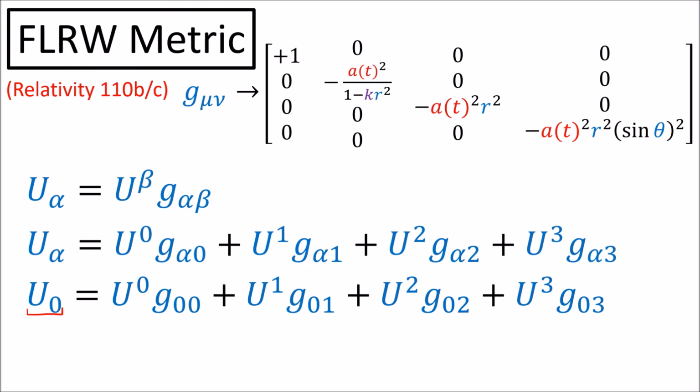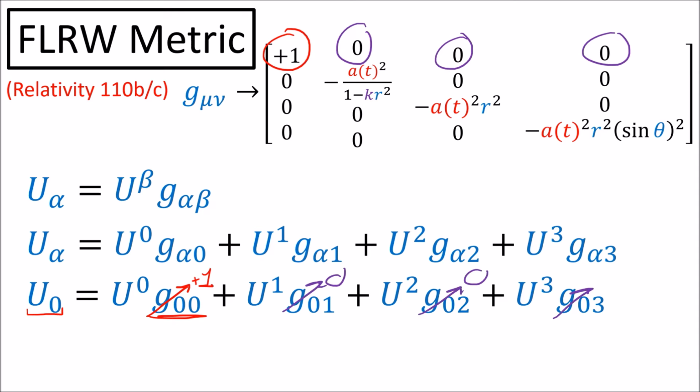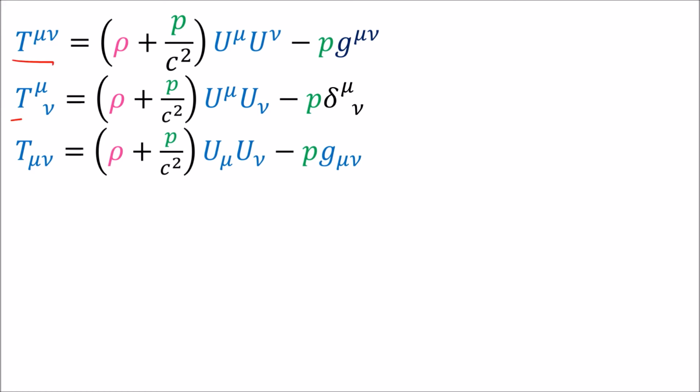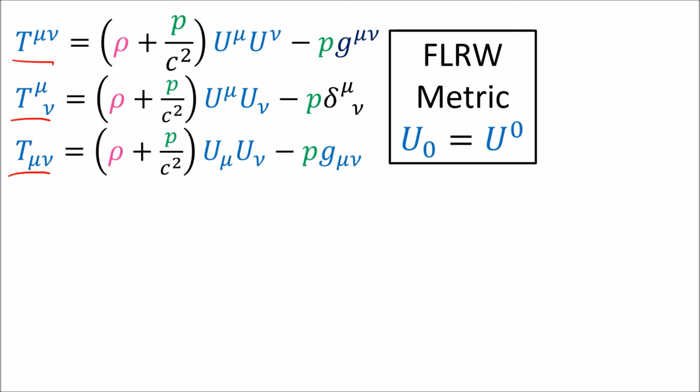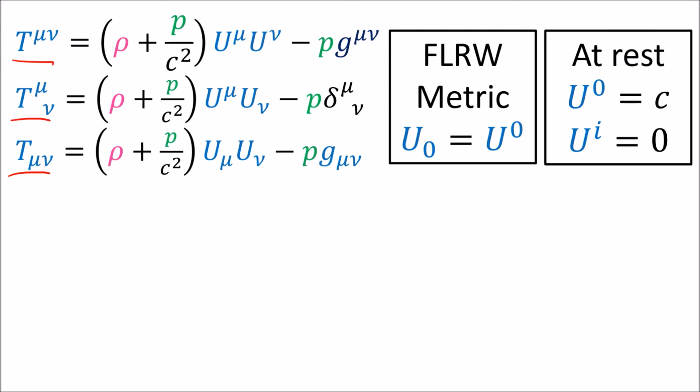For the FLRW metric, G00 equals +1, but all these other metric components go to 0. So for the FLRW metric, U0 with a lowered index equals U0 with an upper index. So looking at all these different EM tensors, for the FLRW metric in the rest frame of the fluid, U0 lower and U0 upper are both equal to c, and the spatial components are all 0.